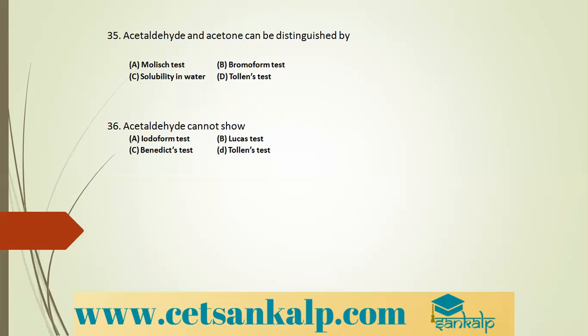Because acetaldehyde and acetone are lower members, they get dissolved in water due to formation of intermolecular hydrogen bonding. Molisch test is shown by both of them. But Tollens' test, the oxidation test, is not shown by ketones. Acetaldehyde will give a silver mirror with Tollens' reagent, ammoniacal silver nitrate solution, whereas acetone does not give the silver mirror with Tollens' reagent. Next question.